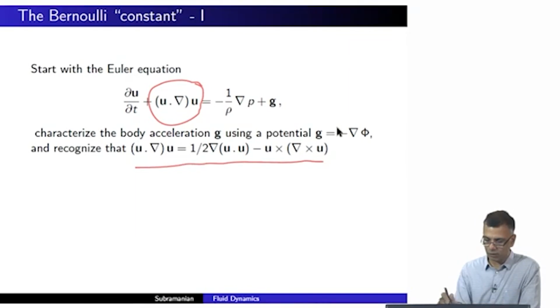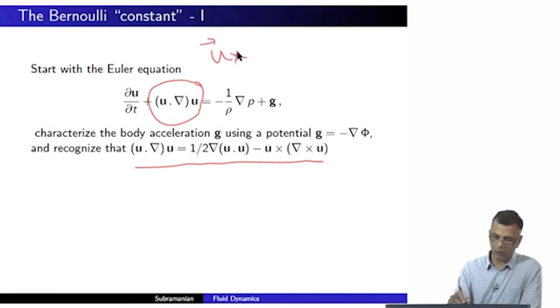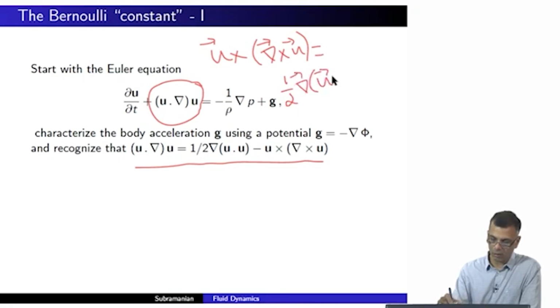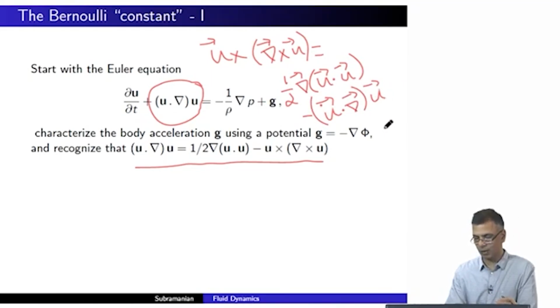This really follows from the definition of this. You would have seen this kind of thing as an expansion of this quantity. You take this to the left, this is equal to 1/2 minus, and this is the form of the identity that you might be a little more familiar with.